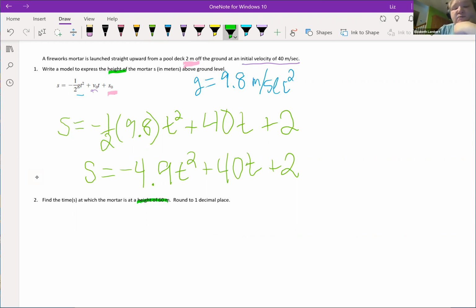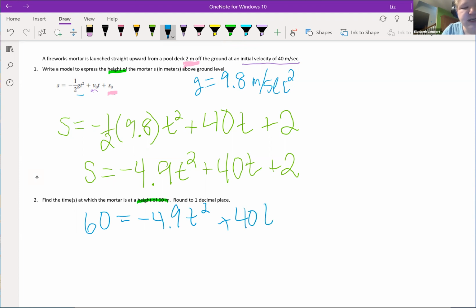So we literally want to put 60 in place of the height, which is s in this case. So we are going to solve 60 equals negative 4.9 t squared plus 40t plus 2.